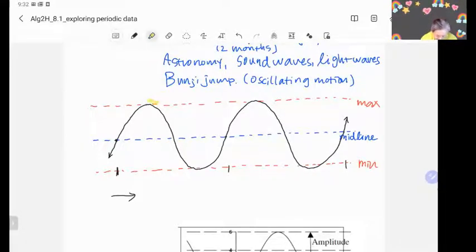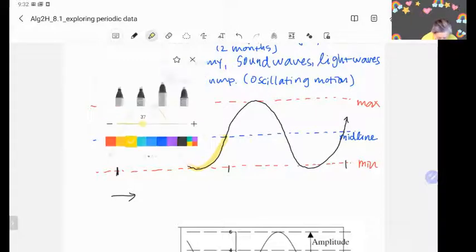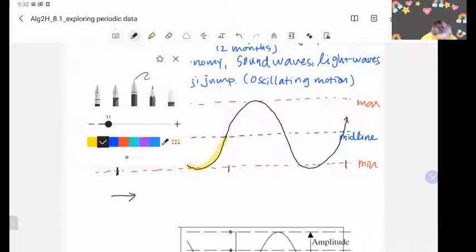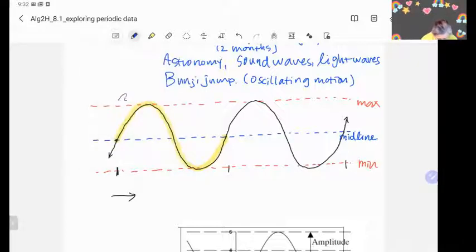If you consider this the starting point, and it goes up and down, this one repetition will repeat every time period, and we call this one period. So from here to there, this is one period.